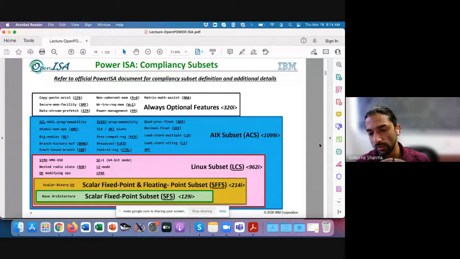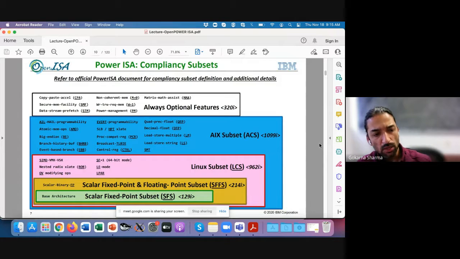So if you know that you are not dealing with any floating point instructions, then you can have constraints. You can have simplification on, let's suppose, whether you want to do 32-bit registers or 64-bit registers, or how you store data.